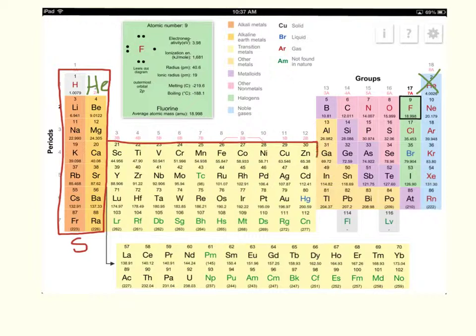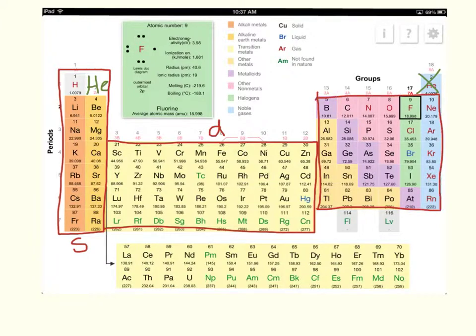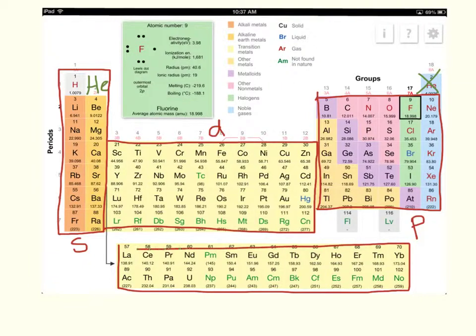Then we're going to block off our transition metals, and this is going to be our D block. Then we're going to block all of these elements, and this is going to be our P block. And then finally, this block down here is going to be our F block.